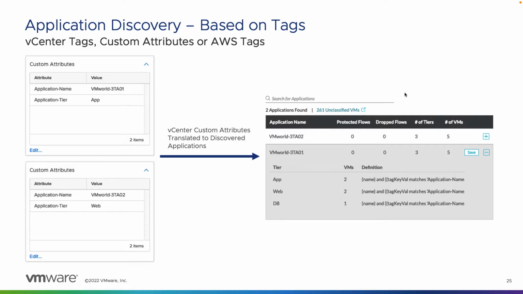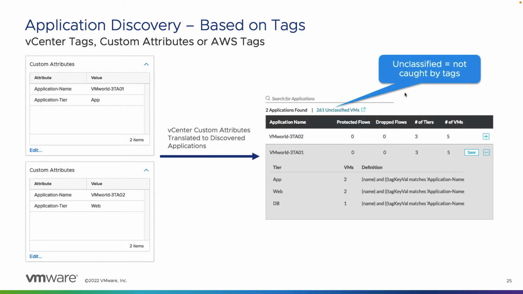And when we're looking over here at the right, we can see that the vCenter custom attributes translated to discovered applications. So we can see the actual application, the tiers of that application, the number of VMs falling within each tier, and then the definition that's defined based off of the API call that we're doing to get that from vCenter.